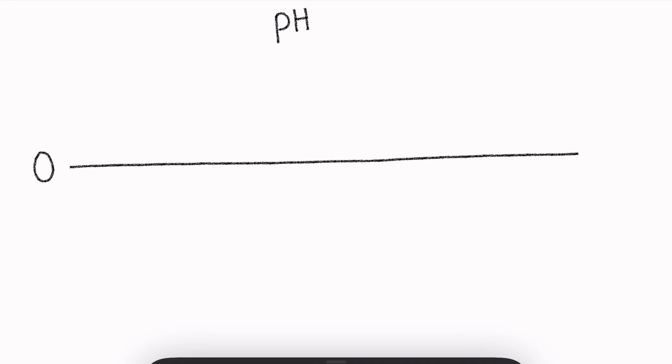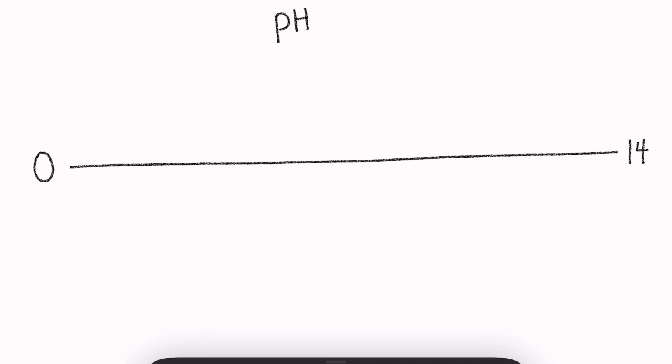The pH scale is a way for us to talk in biology about how acidic or basic different parts of our body or different secretions are. The pH scale goes from 0 all the way to 14, and it's a logarithmic scale. So each number is going to be 10 times more than the one before it.